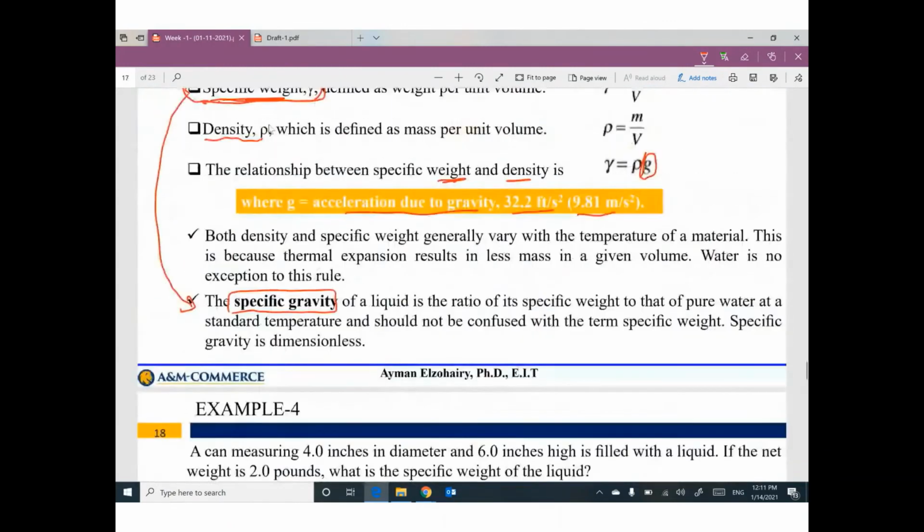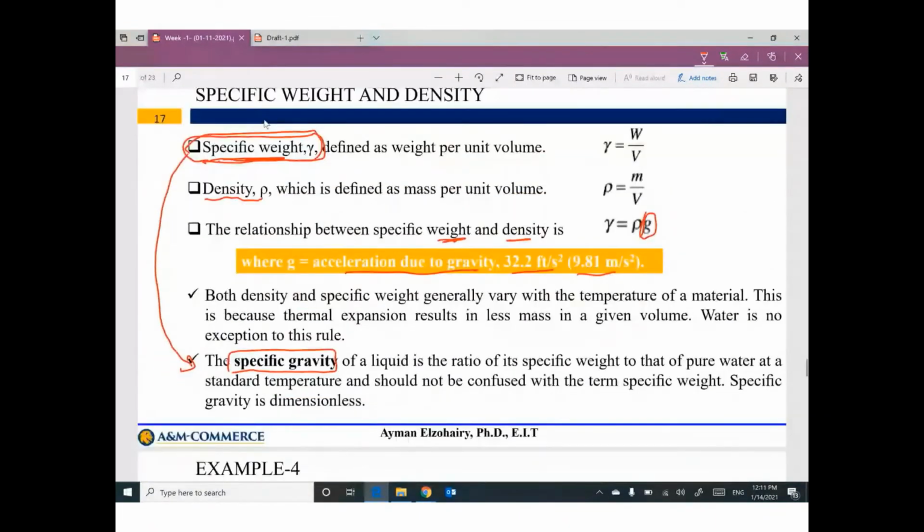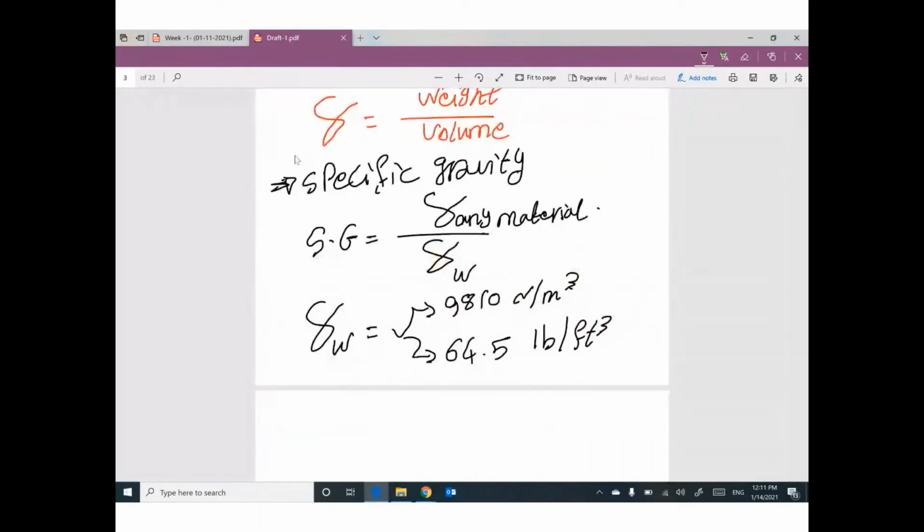Yeah, keep it in your mind, 64.5 or 64.2. I cannot remember. Okay, 64.5 pound per cubic feet. I'm not sure about this value, 64.2 or 64.5.